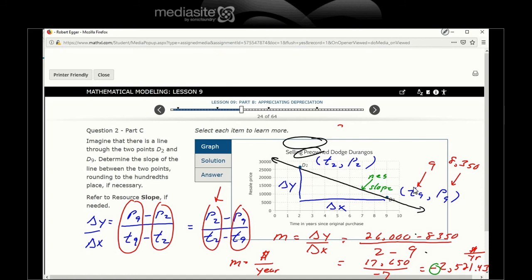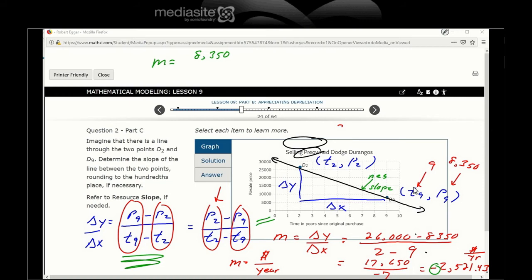Let's see that. Let's try doing it the other way. So here, let's use this guy, P9 minus P2. So P9 was 8,350. P2 was, what was that again, 26,000?